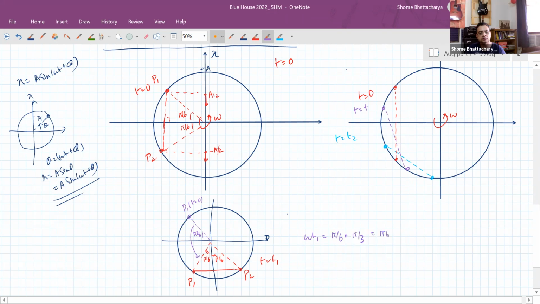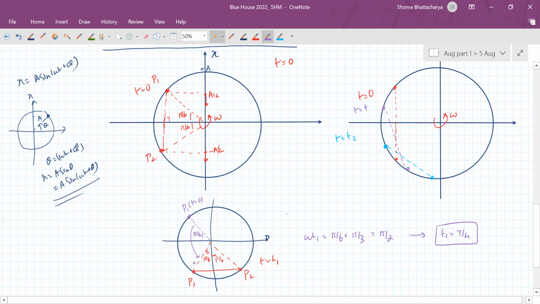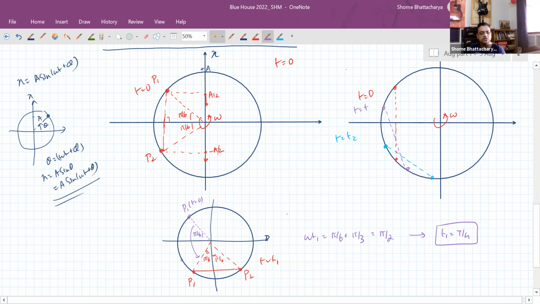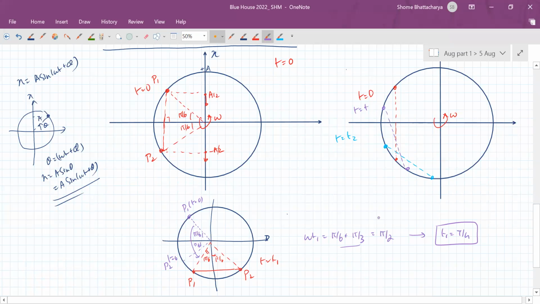So it's 90 degrees, and 90 degrees is always equivalent to a quarter of the time period. Similarly, this one has also gone from this position where this was pi by 6 to this position. So it has traveled pi by 3 plus pi by 6 like this. So this gives you a solution immediately.